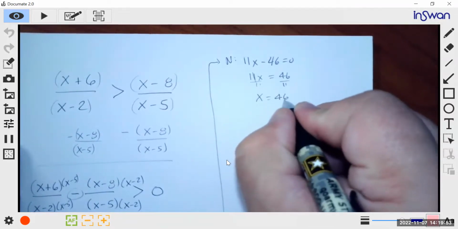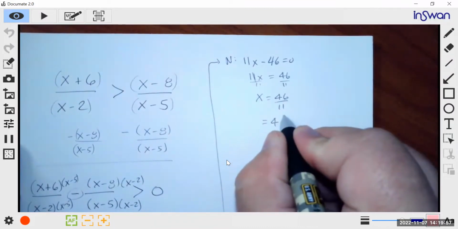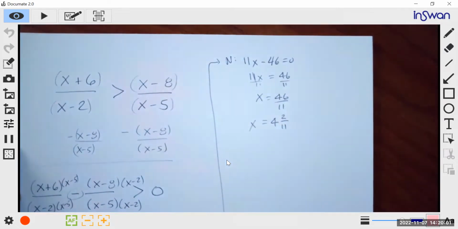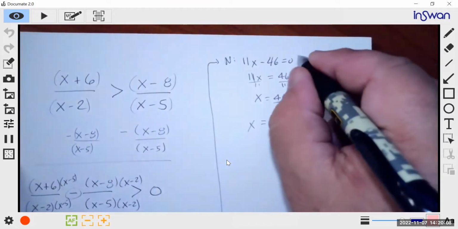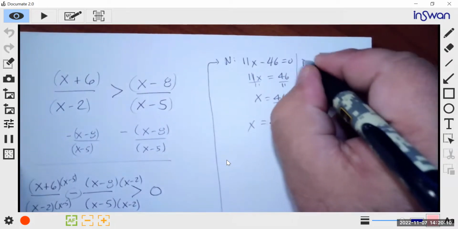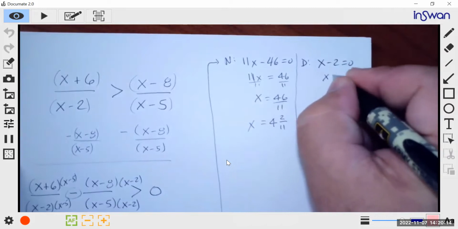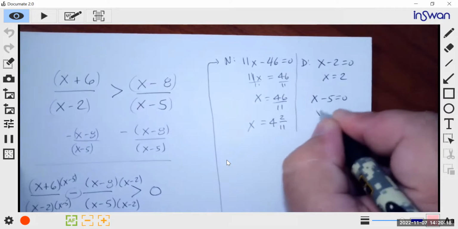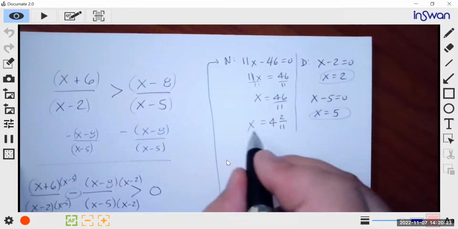X is 46 over 11, or 4 and 2/11. And my denominators, x minus 2 equals 0, so x equals 2. X minus 5 equals 0, x equals 5. So these are my critical values.